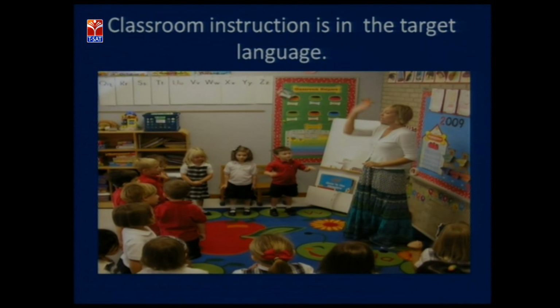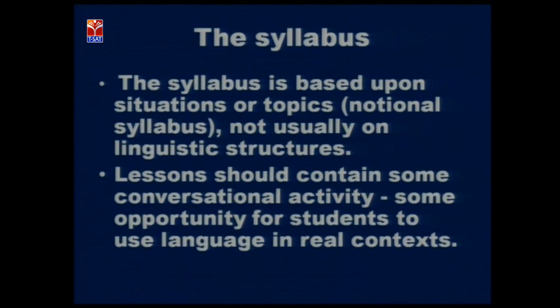We use the target language only in the classroom. Classroom transaction is in English only. And what is the syllabus in our direct method? The syllabus is based upon situations or topics, that means not usually on linguistic structures. Lessons should contain some conversational activity, some opportunity for students to use language in a real context.